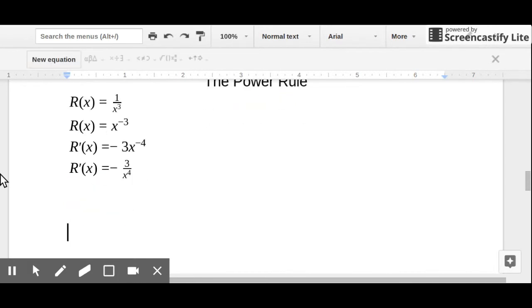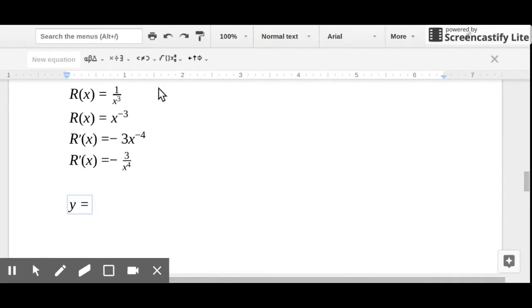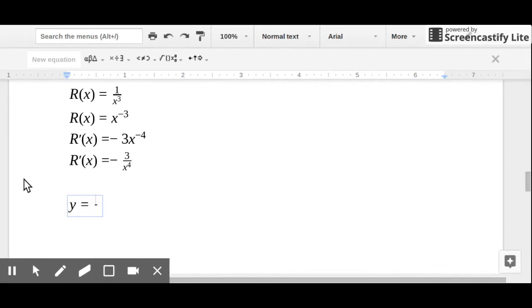All right, let's work another one here. Y is equal to, once again, we're going to do this where we have to rewrite it to get it into the form that we need, because this is something that you're more than likely going to see.